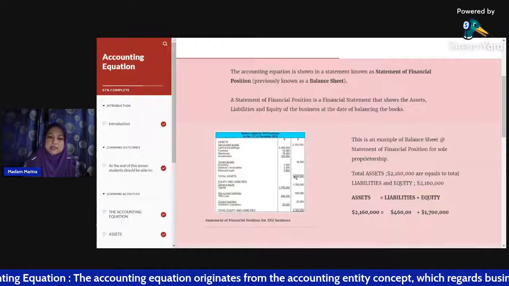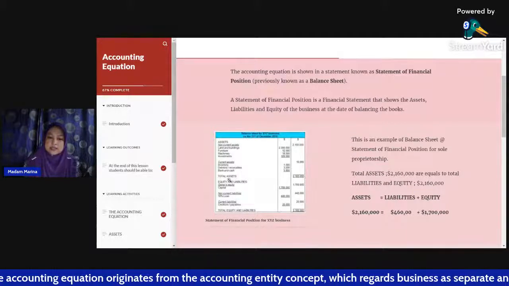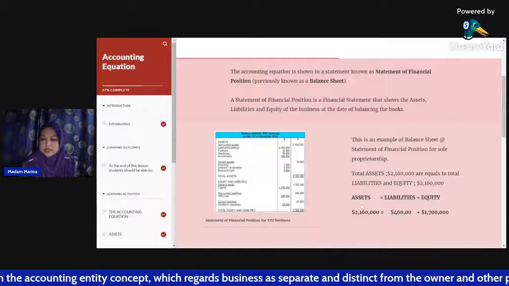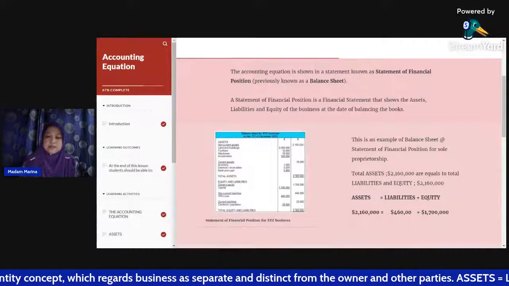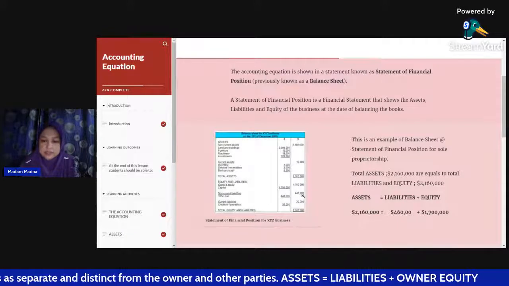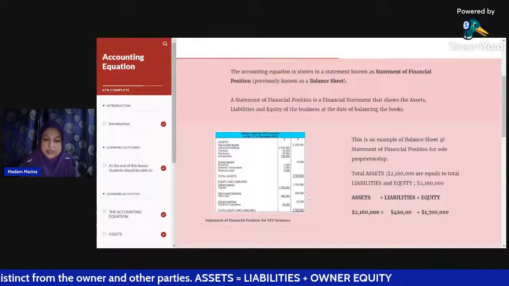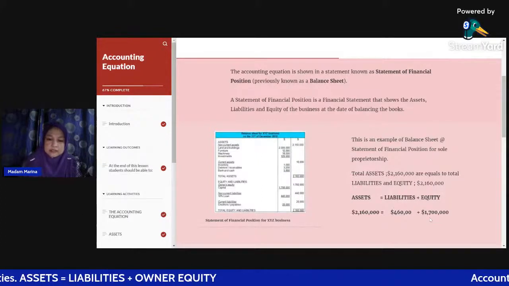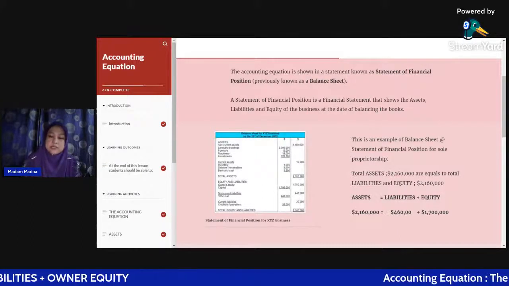Same goes for the accounting equation. Total asset must be equal to liability plus equity. Liability is 460,000, and equity is 1.7 million.